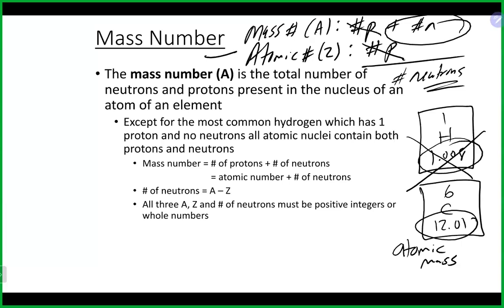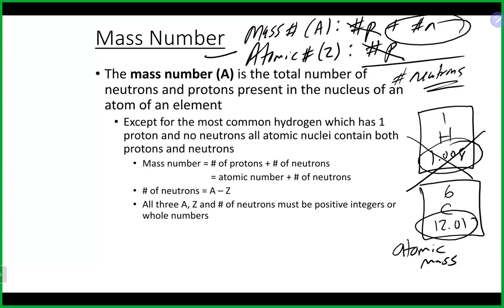The way that you'll be able to figure out the mass number or the number of neutrons is you'll be given enough information in the actual problem to calculate them. For example, you may be given the number of protons and the number of neutrons, and in that case, you just add them together to get the mass number.